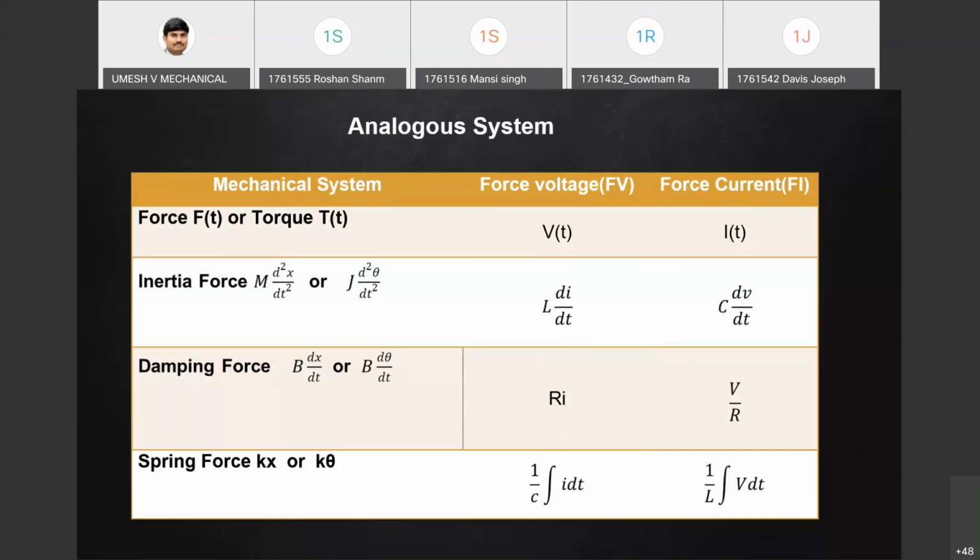I'll give 2 minutes. Just note down this table, all of you. It is like a ready reference.